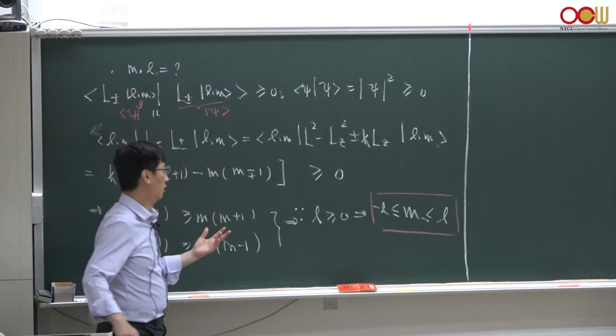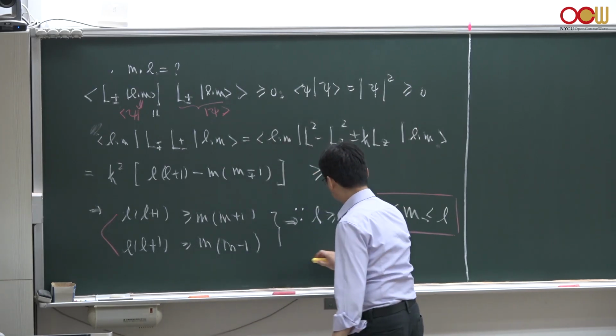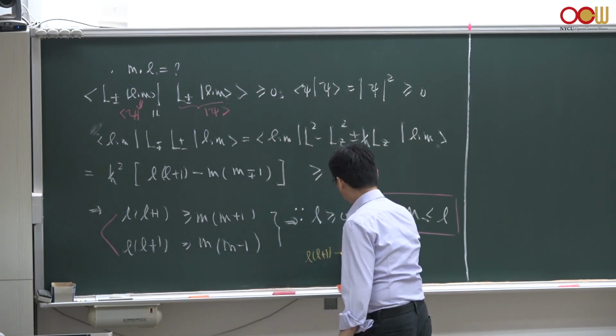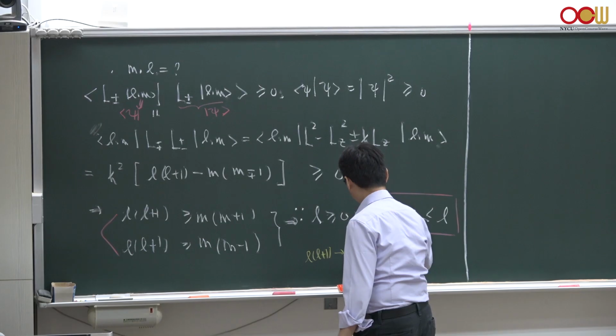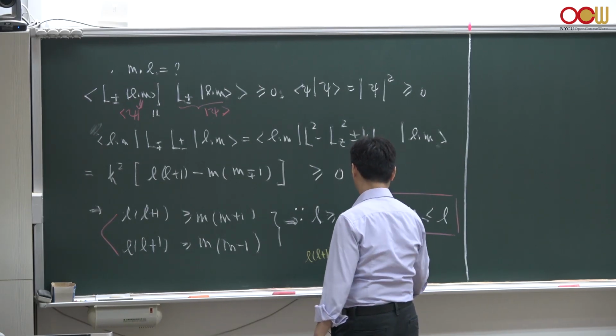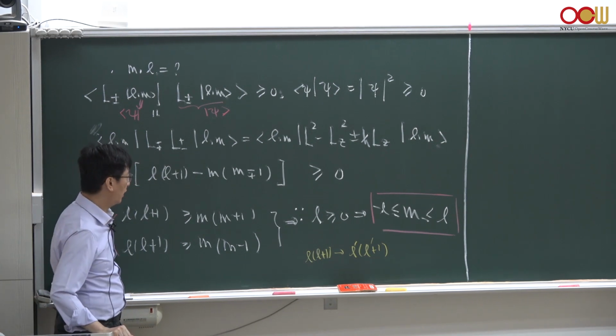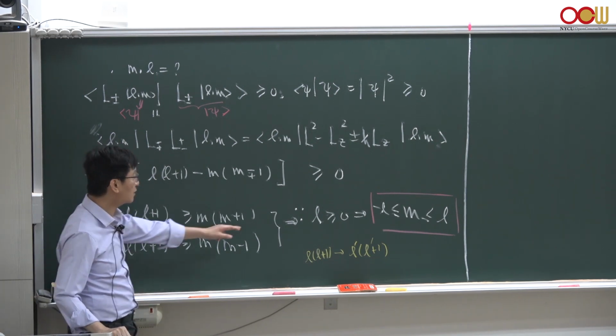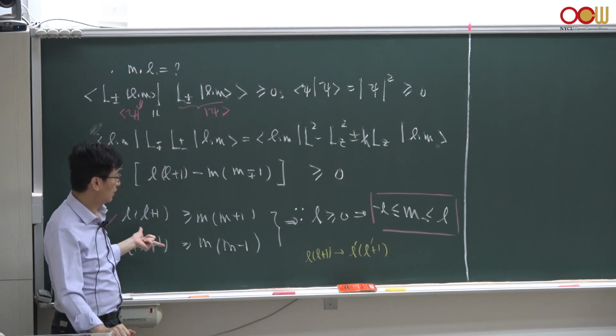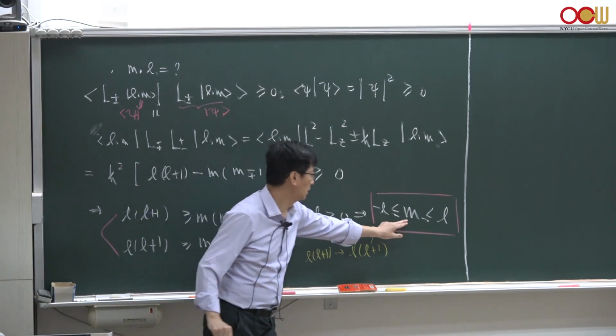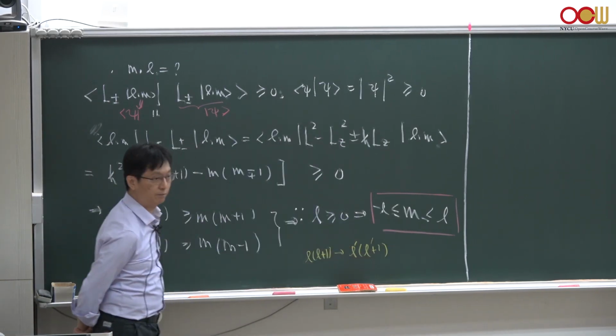So that L times L plus 1 is always positive, L prime times L prime plus 1. So we can always assign a positive value to L or 0. In that case, these two conditions tell us that M must be between plus L and minus L.